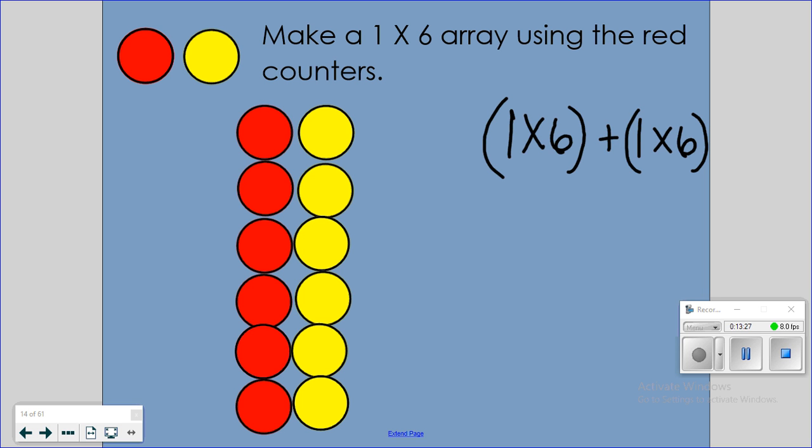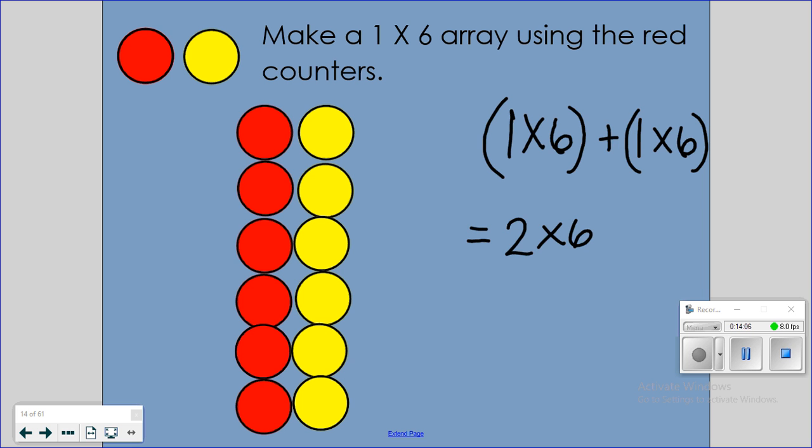I ran out of room on mine, but we are not stacking. But go ahead and put an equal sign on the end of your equation. I ran out of room, so mine had to go underneath. Now, you could put a total, or we could put that just equals 2 groups of 6. 1 group of 6 plus another group of 6 gives me 2 groups of 6.